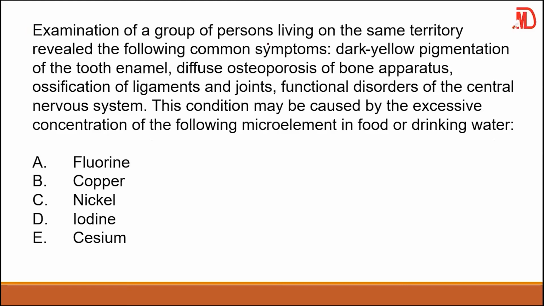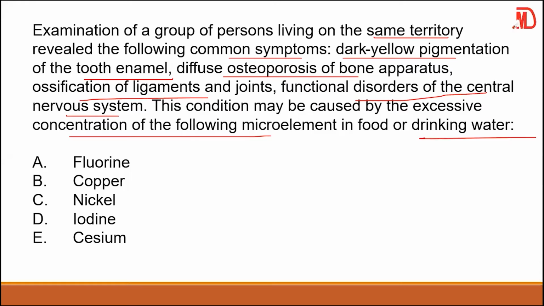Examination of a group of persons living in the same territory revealed the following common symptoms: dark yellow pigmentation of the tooth enamel. Anytime I hear of these things, again, it's like the previous question, put in a different way. There's diffuse osteoporosis of the bone apparatus, ossification of the ligament and joint, functional disorders of the central nervous system. This condition may be caused by excessive concentration of the following microelement in food or drinking water.